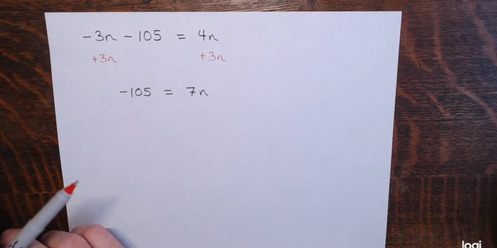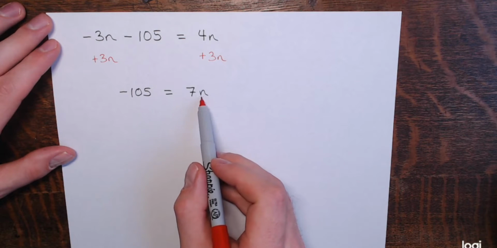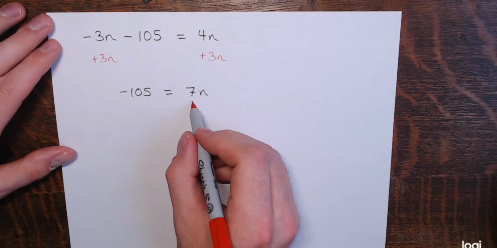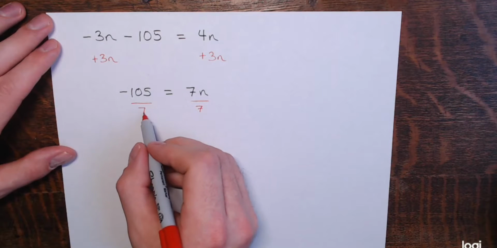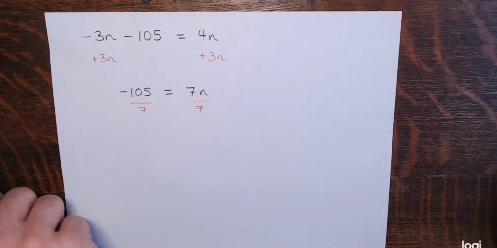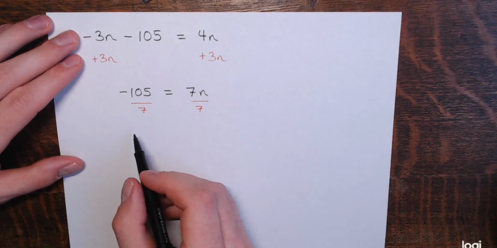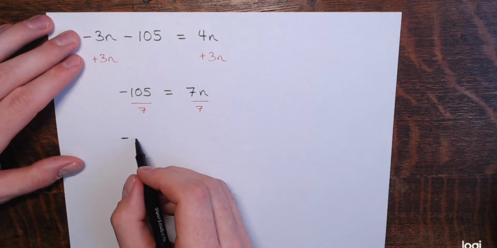Well, to get n alone, to get just one n, see this is 7 times n, I undo the multiplication by 7 by dividing both sides by 7. So on the left side here we have negative divided by positive, so that'll be negative, and then 105 divided by 7 is 15.